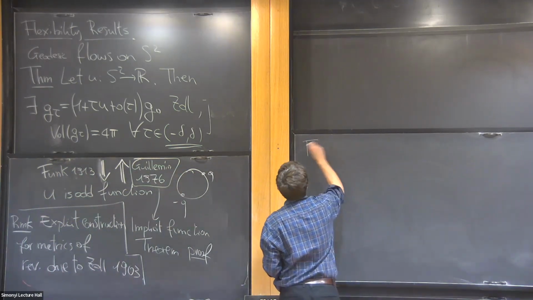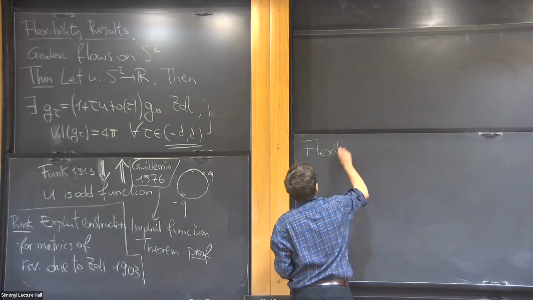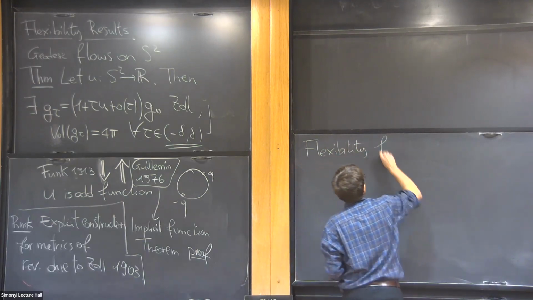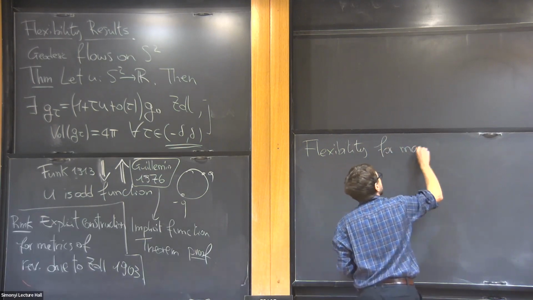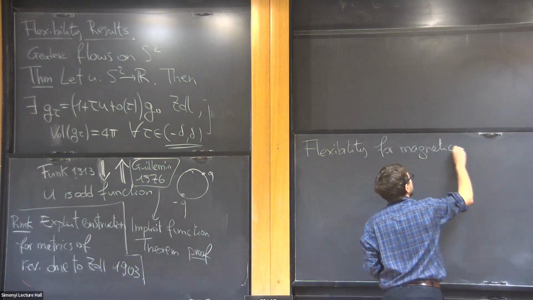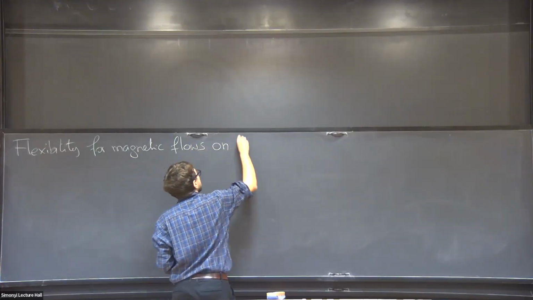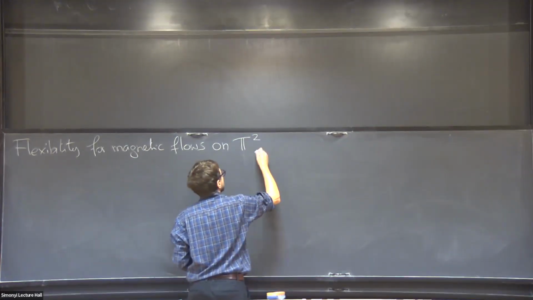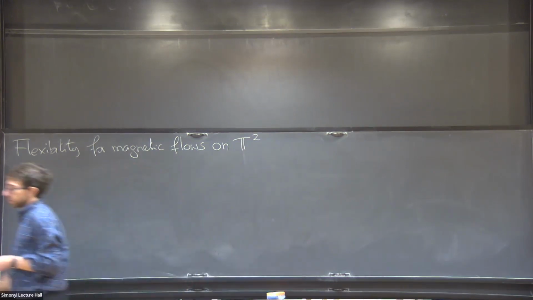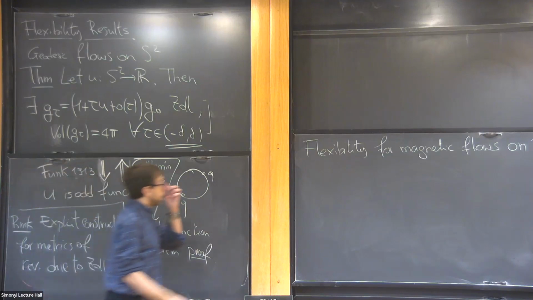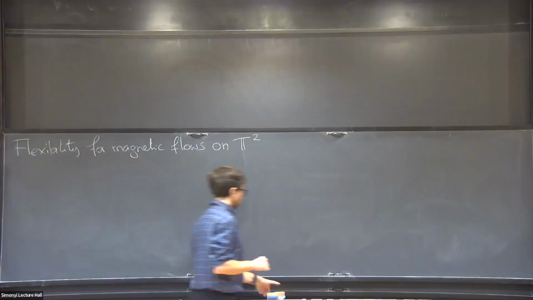Okay, so then let me do now the flexibility for magnetic flows. And then we will look at the case where your manifold is the two-torus. Okay, so which are the metrics we want to take?